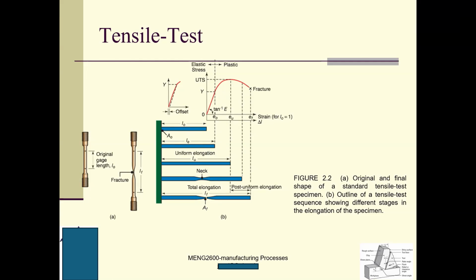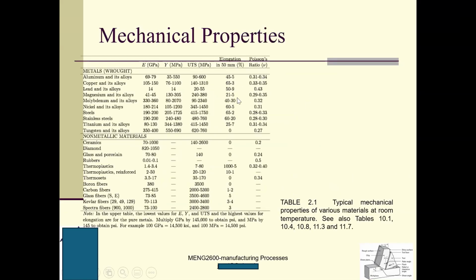The several points are very important: yield strength, yield point, ultimate strength, and fracture. So for material properties, whenever we want to describe materials, as mechanical engineers we always want to know Young's modulus, yield strength, ultimate strength, elongation, and Poisson's ratio.